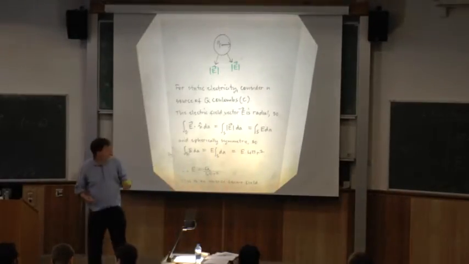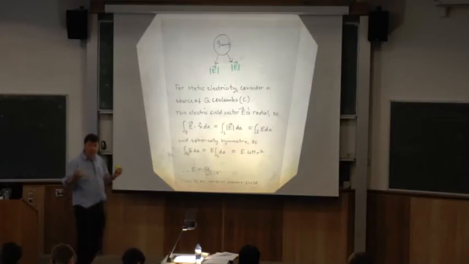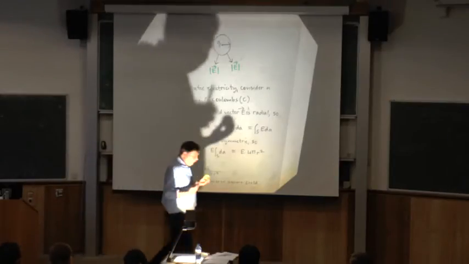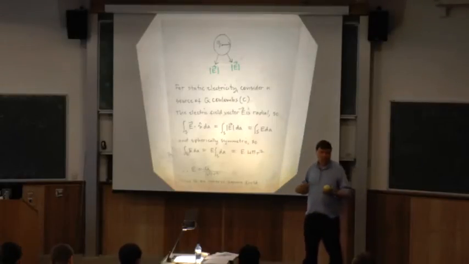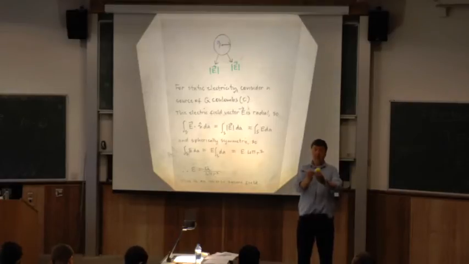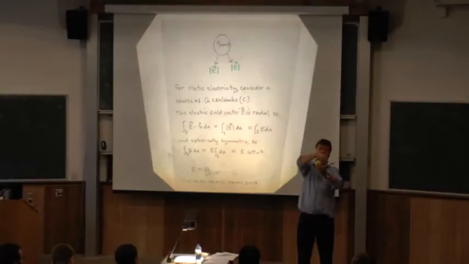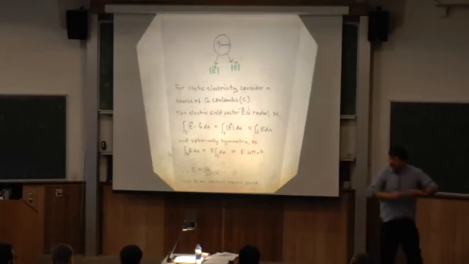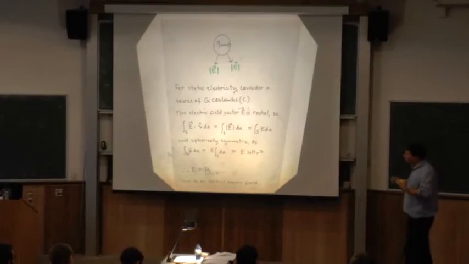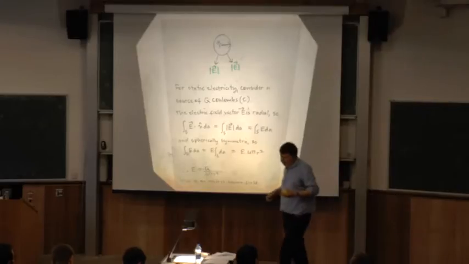So clearly we are using underlying ideas like isotropy of space. We're assuming that there is absolutely no reason why the electric field should be different here, or here, or here, or here. We're assuming that space is isotropic, so the charge produces an electric field which spreads out radially.